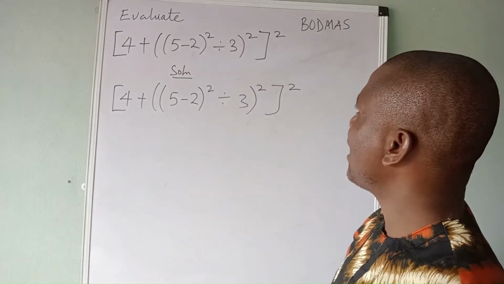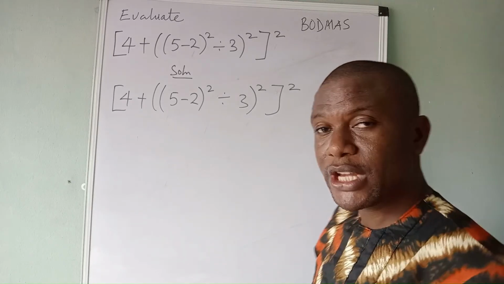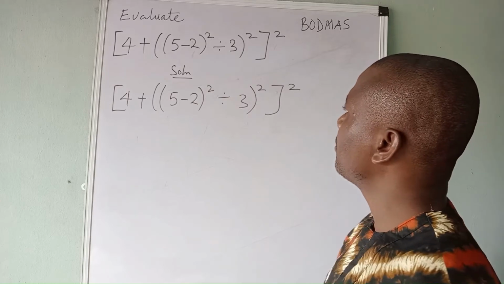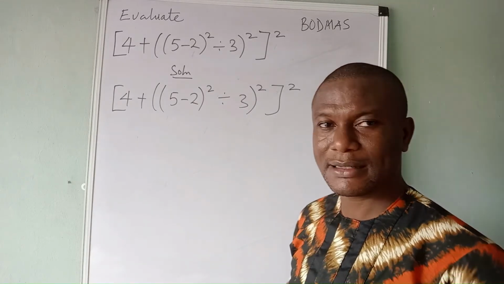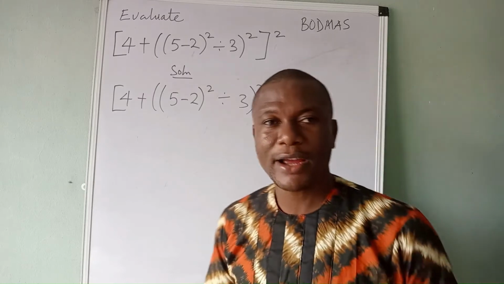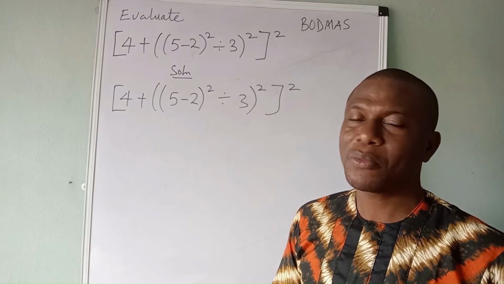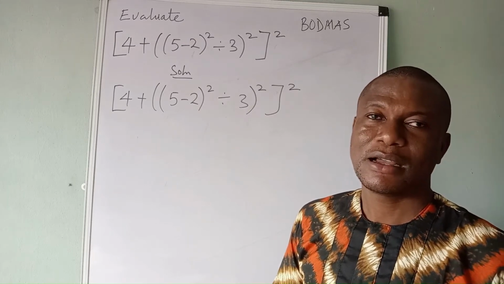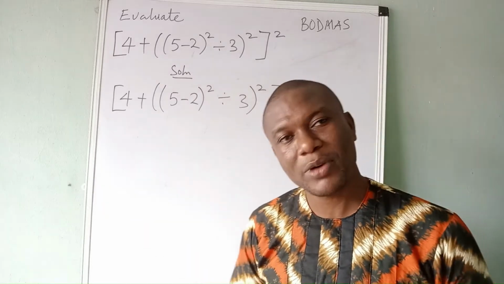So BODMAS guides us to sequentially solve the problem, which will definitely lead us to the accurate answer. So in algebraic expressions, BODMAS is very important as a guiding tool to resolving algebraic expressions.